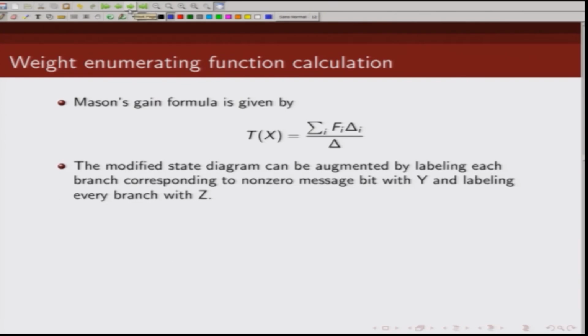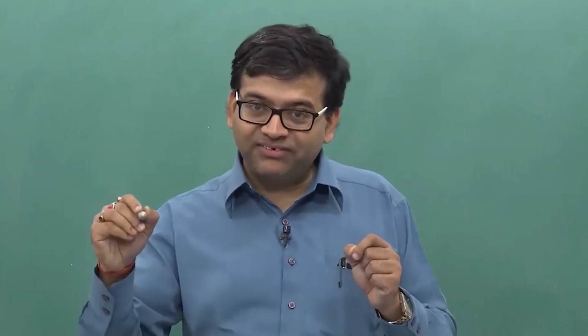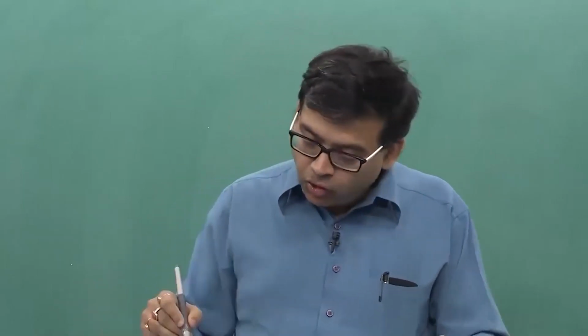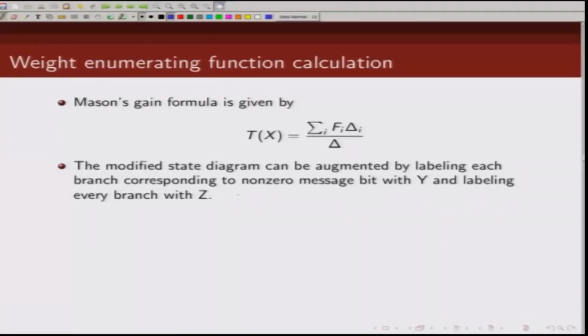So, this modified state diagram can be augmented to include more information. Now, what we had done so far was we labeled the branches of this state diagram by the overall total weight. Now, we can also augment this by mentioning what is the input that results in that output weight. So, we can label the weight of the input by y.